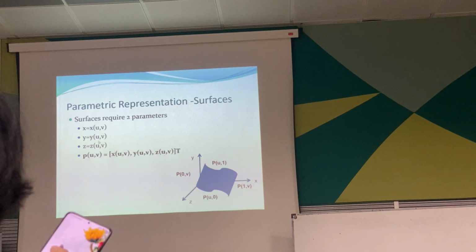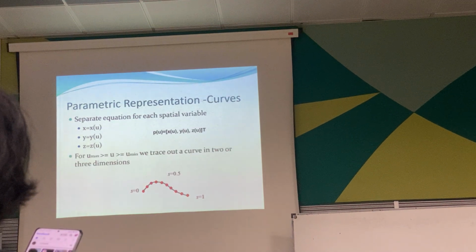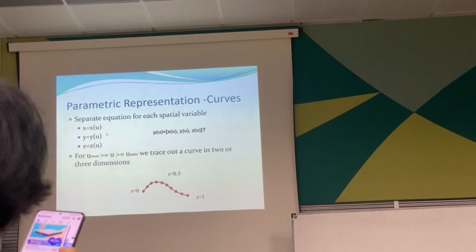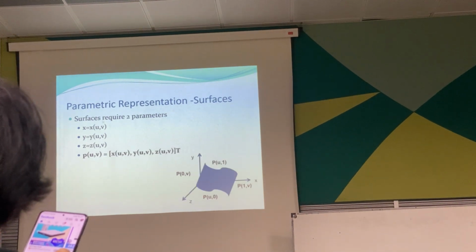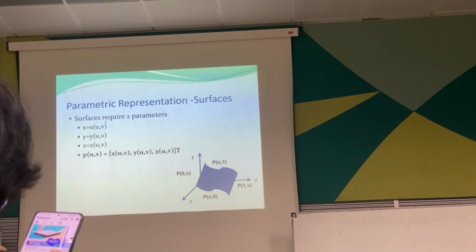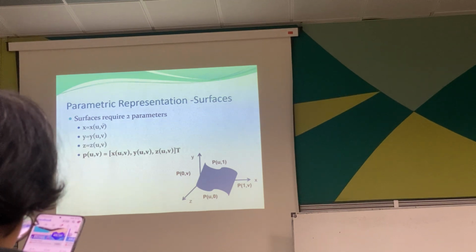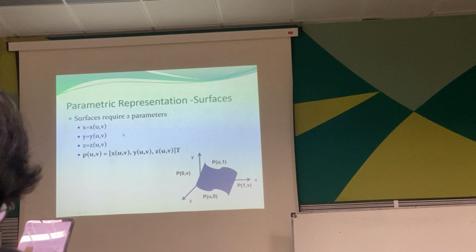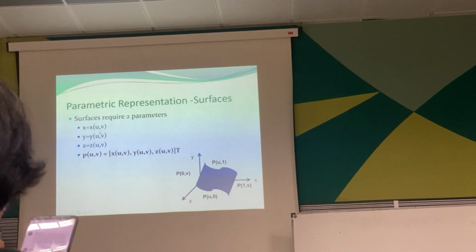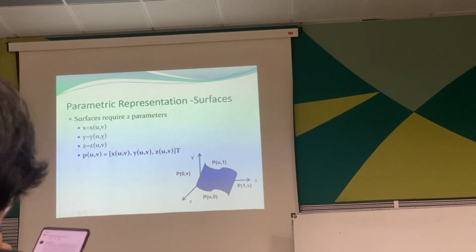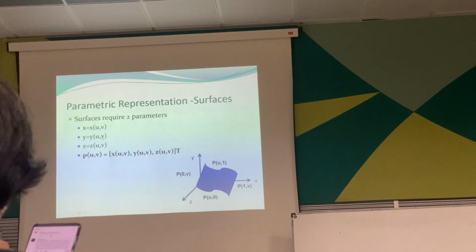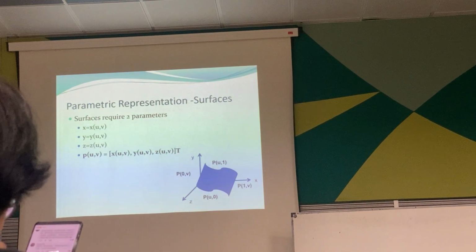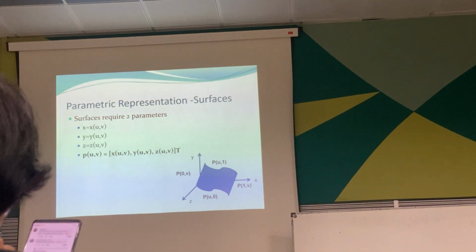It's actually the same equation as before, but you just add one more parameter. So you have u and v to calculate each of them. This is called parametric representation. You have parameters, then you pass in the values to calculate each of the spatial coordinates x, y, and z.